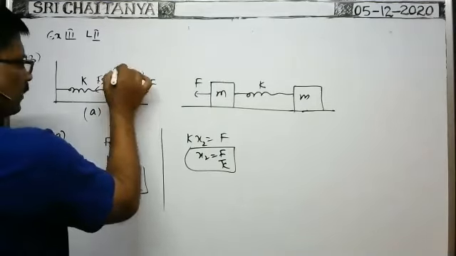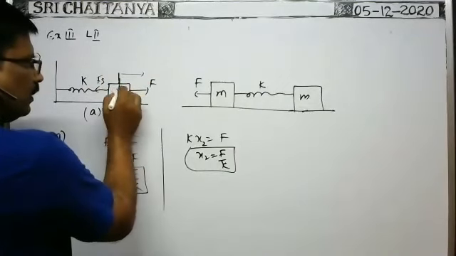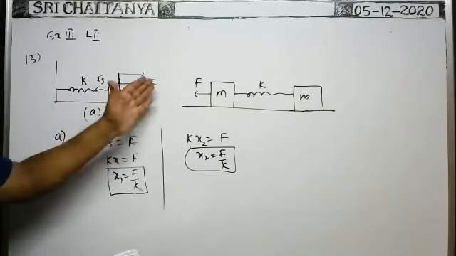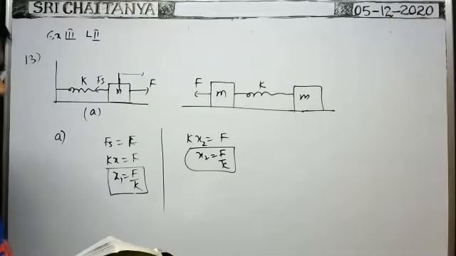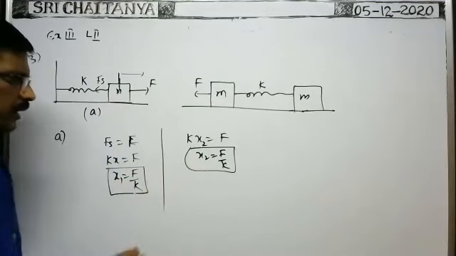Here the net force is 0, this is the equilibrium position. From here the block extends until the force acting on it balances the spring force. That is, the spring force must equal F, then the net force is 0. So in the case of the first block, extension is equal to F by K. In the second case also F by K only.